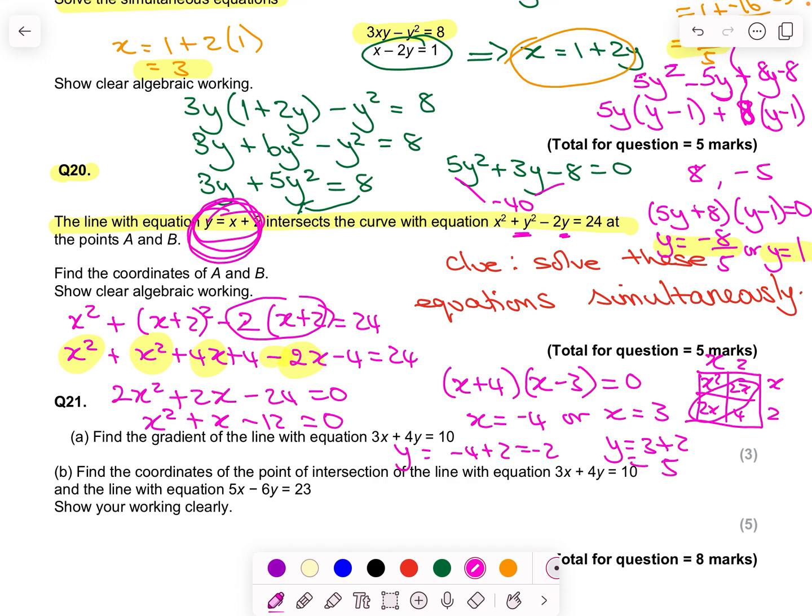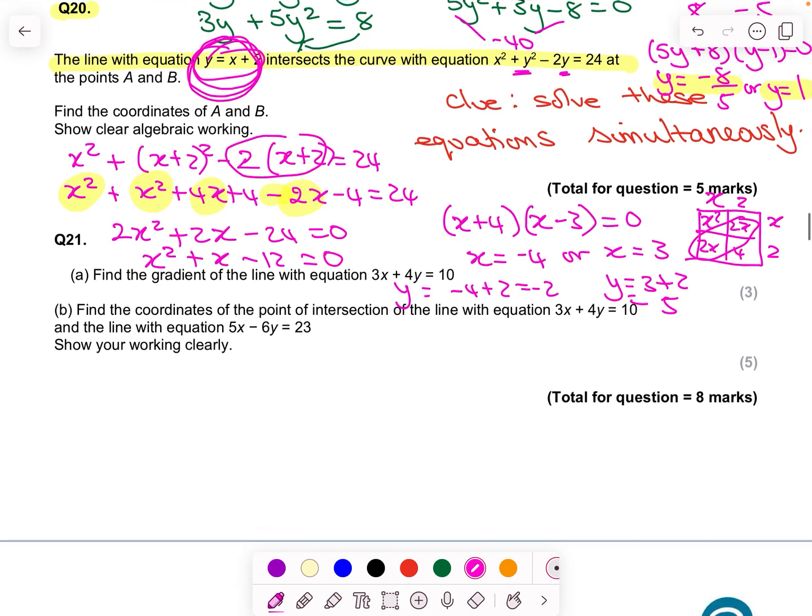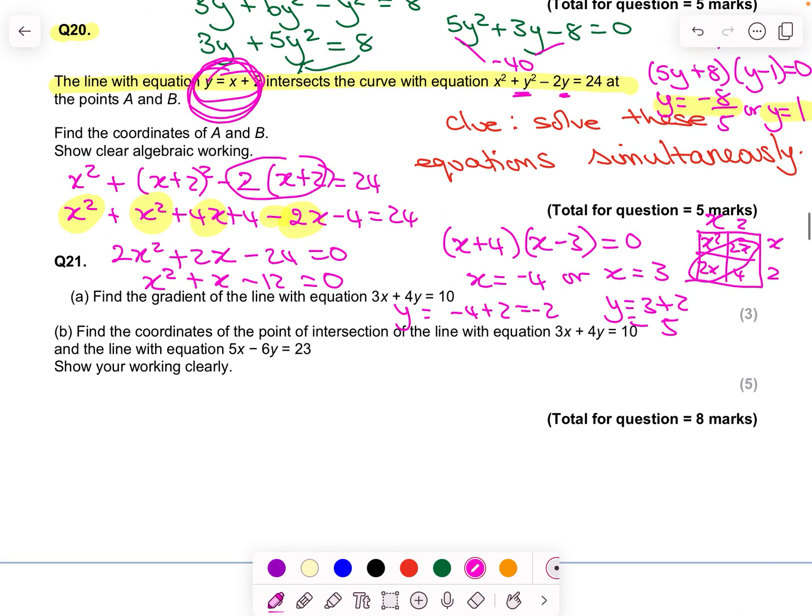So my coordinates then are, I'm going to go into this question because at least I didn't get you to do this one. So my points are minus 4, minus 2, which I got from here, and 3, 5. So they're the 2 points where the curve and the line intersect.